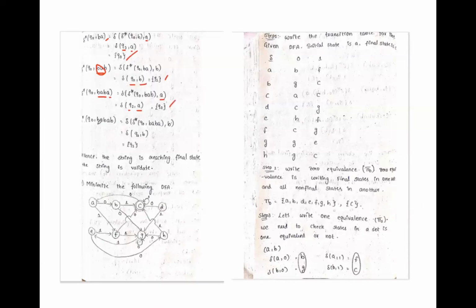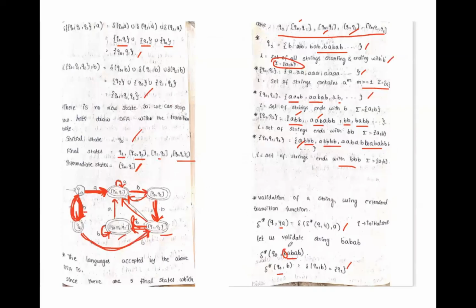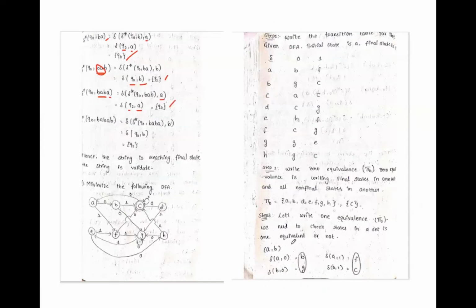Now take all the characters from the input string, all 5. So this can be written as delta star of the first 4 characters together and the last one separately. So we got the value of delta star of Q naught comma BA as Q naught. So write it and B. From this we got this value as Q2.